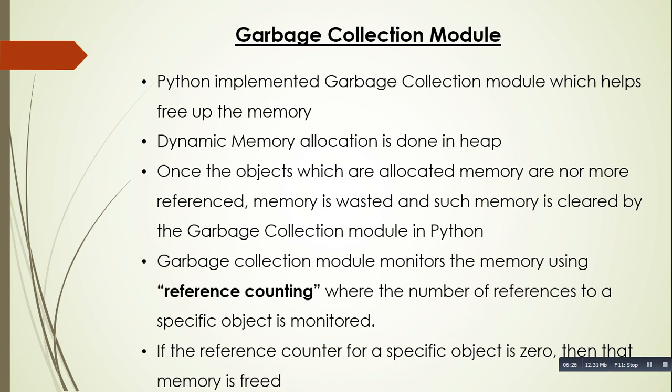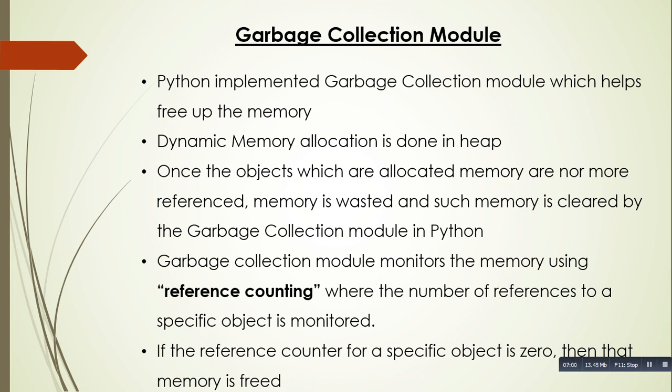Now the major point we have to see is how the garbage collection module gets to know whether to free the memory or keep the memory intact. There is something called reference counting, which is used by this garbage collection module. Let us assume there is an object, and there are 3 references to that specific object in Python.